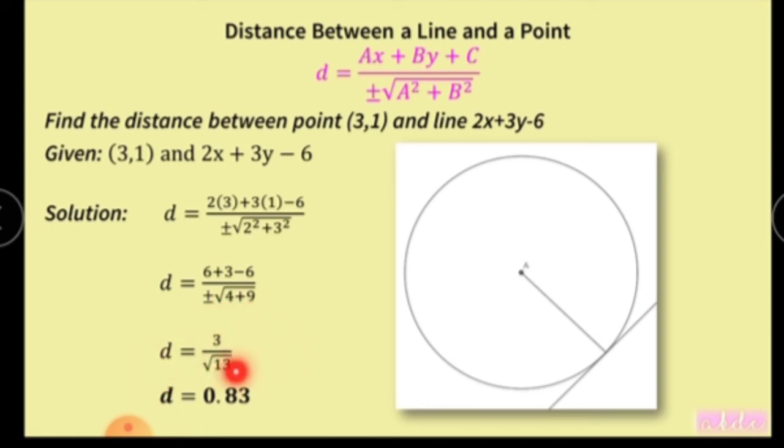Again, we cannot have a radical sign in the denominator, so we have to rationalize it. After rationalizing, this becomes 3 square root of 13 over 13, or if we convert it to decimal, it is almost 0.83. So the distance between the point (3, 1) and the line 2x plus 3y minus 6 is 0.83.